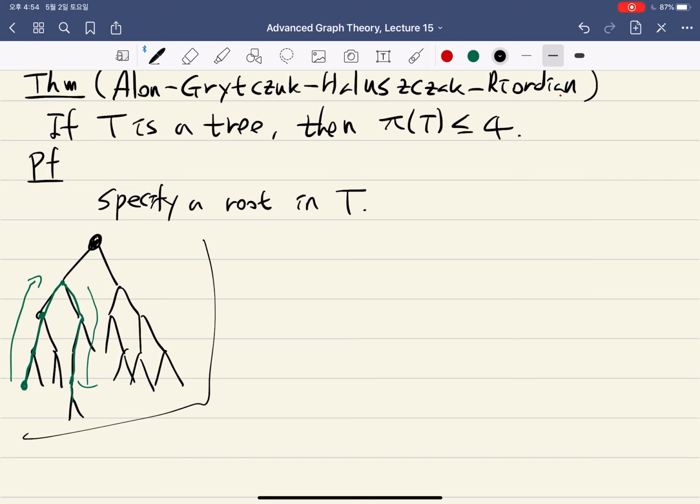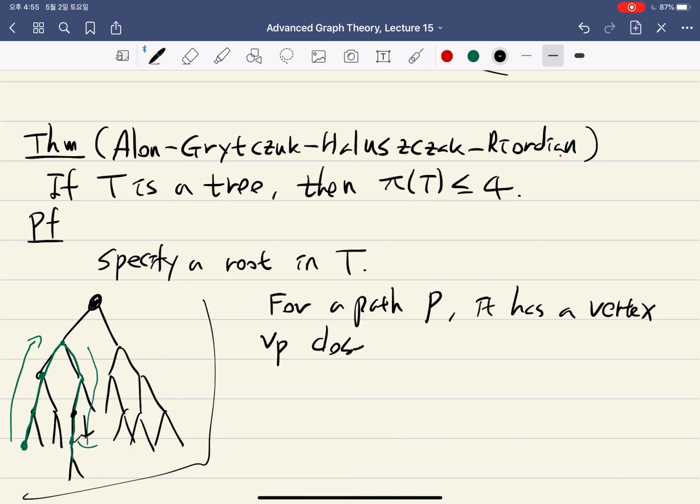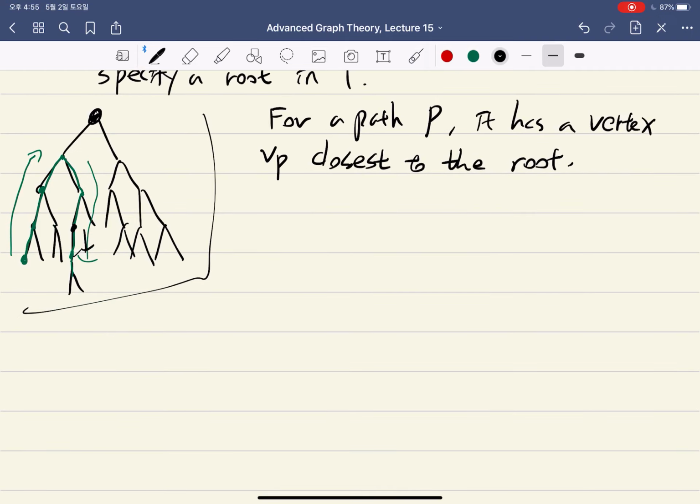If you go down, that means you already exhausted the choice of parent, so there is no way of going up unless you take the vertex again. But in a path, you don't want to repeat vertices. So for a path P, it has a vertex VP closest to the root.